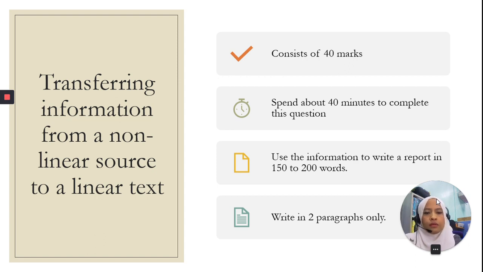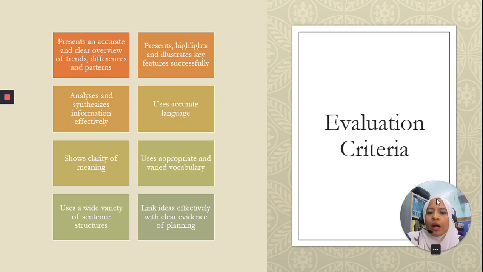Now, as a MUET writing evaluator, these are the things that I will be looking at. The technical part is where I will look for the content. The content requires you to give me one introductory sentence, and then also a clear and accurate overview of trends and patterns that you see happening in the graphs.